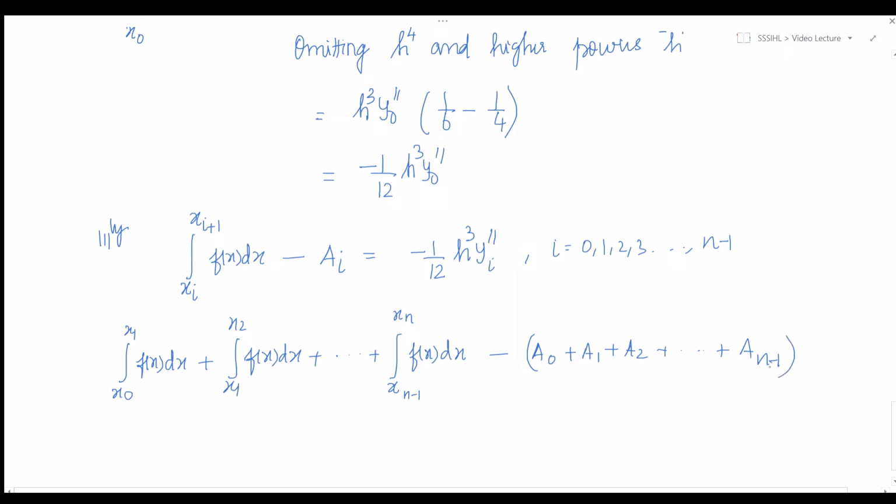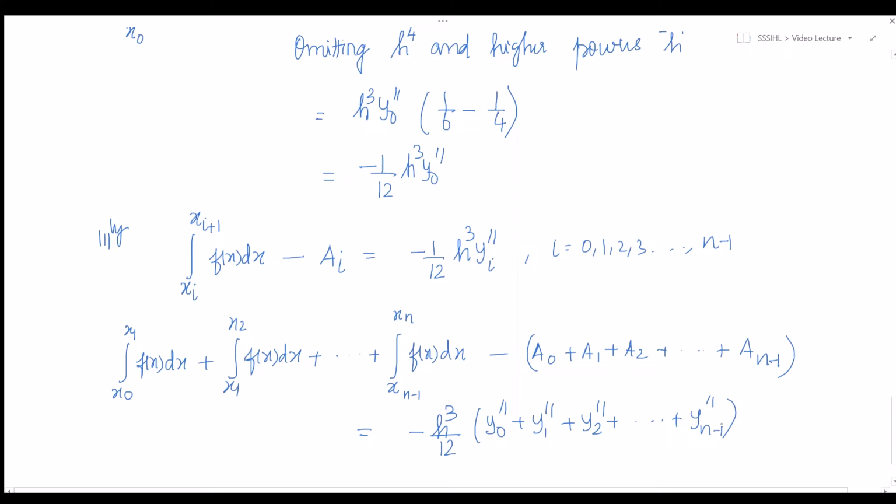So it is equal to minus h cube by 12 into (y naught double dash plus y1 double dash plus y2 double dash plus etc. up to y n minus 1 double dash).